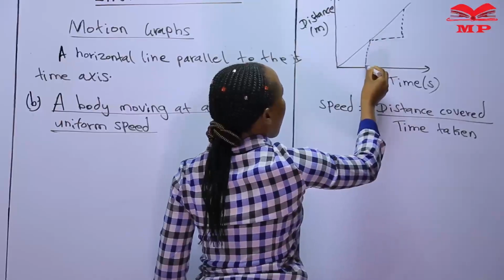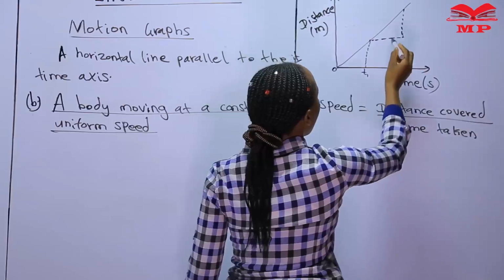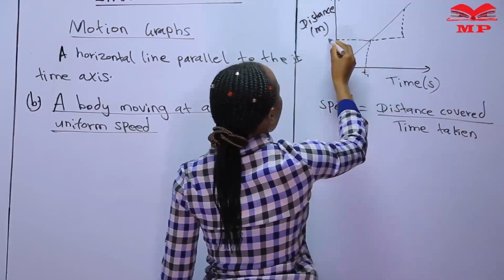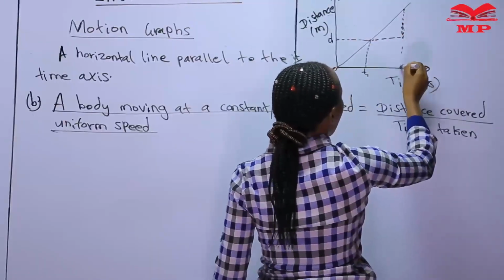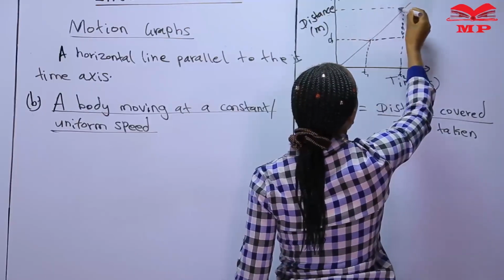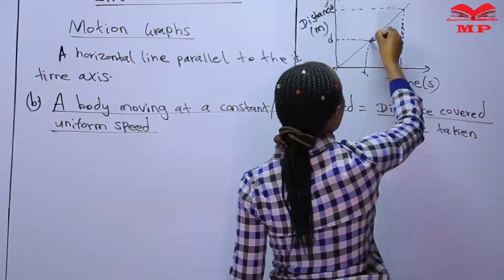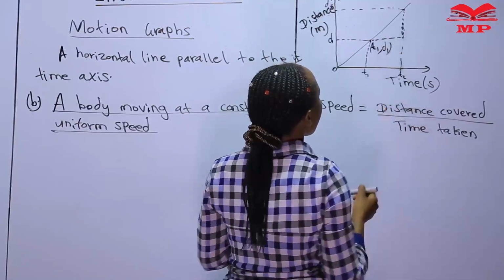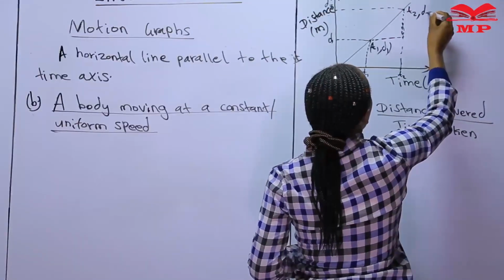Here we have 0, let's say here we have T1, then on this other side for distance, let's say we have D1, then here T2, and then here we have the distance as D2. So at this point we have T1, D1, those are the coordinates. Then at this point we have T2, D2.